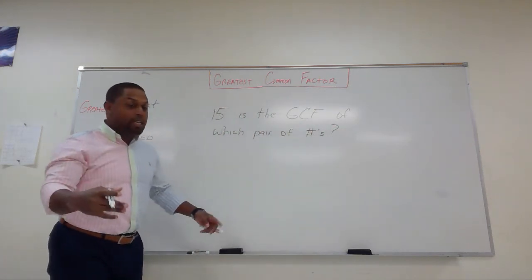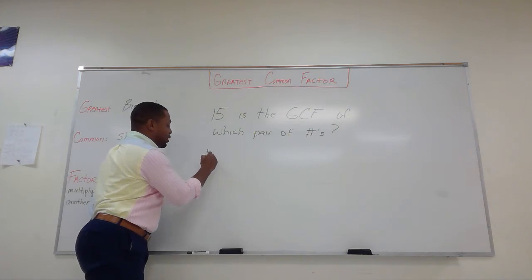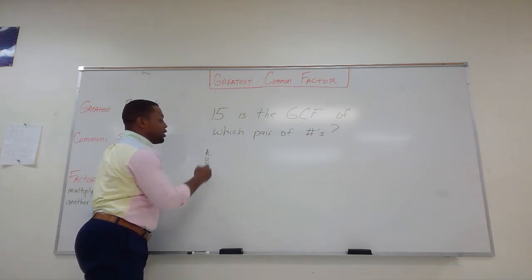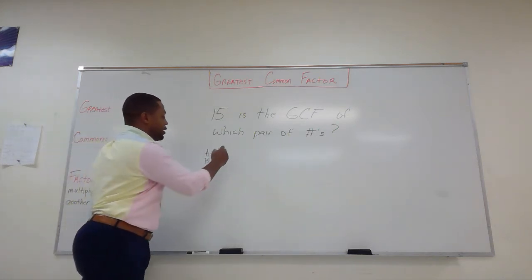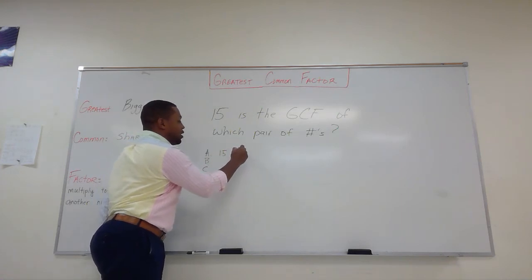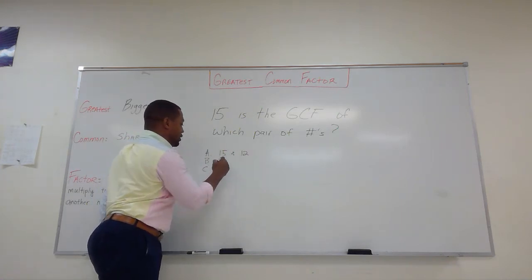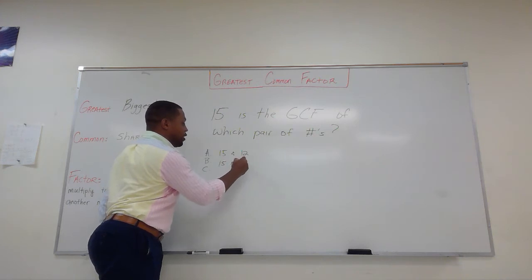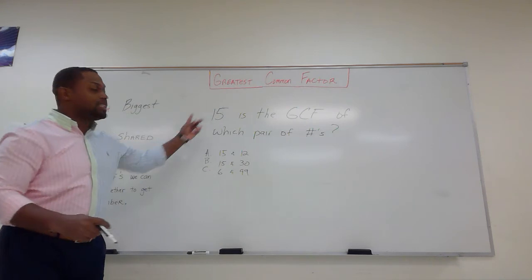And then in your answers, A, B, C, you're going to have pairs of numbers here. Let's say 15 and 12, 15 and 30, 6 and 99. So that's how it would look.